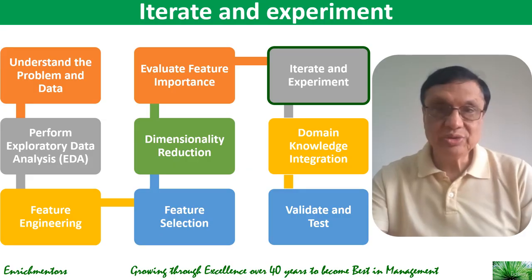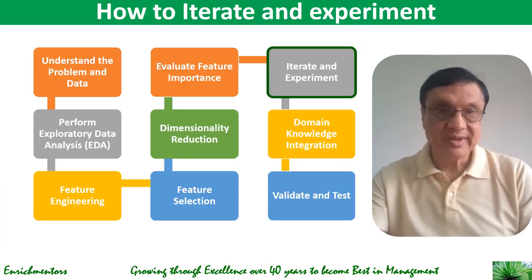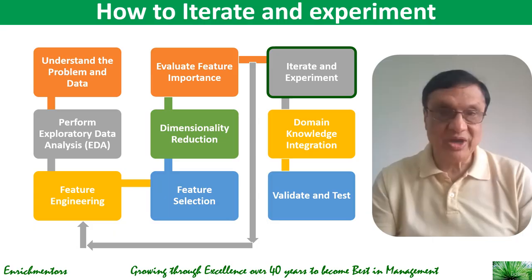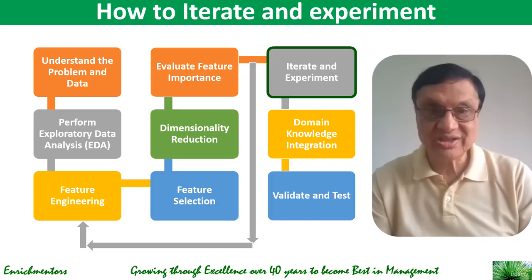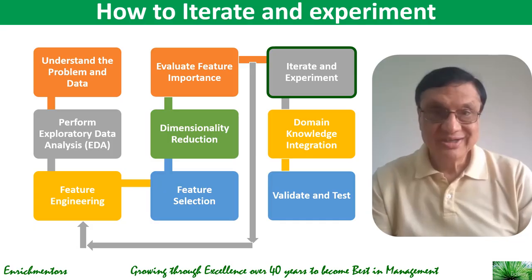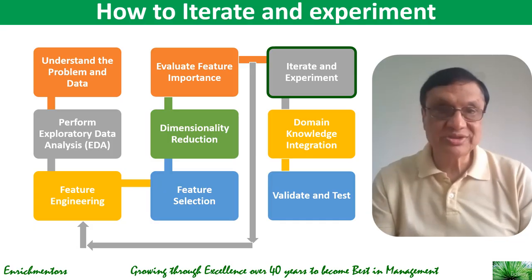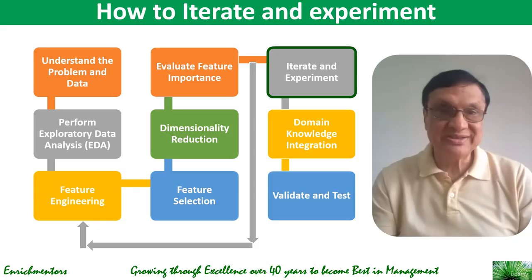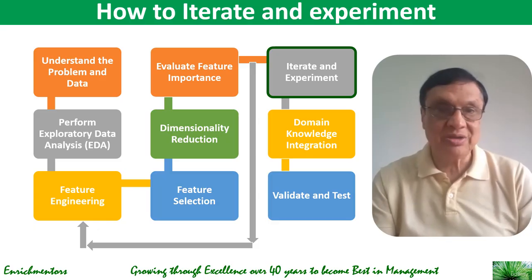Then what you need to do is to iterate and experiment. Now, in iterating and experimenting, you need to iterate through steps 3 to 6 as you see here. After evaluating feature importance that we just saw, you need to go back to generating more features. So you need to iterate through different engineering techniques, selection methods, and dimensionality reduction approaches.